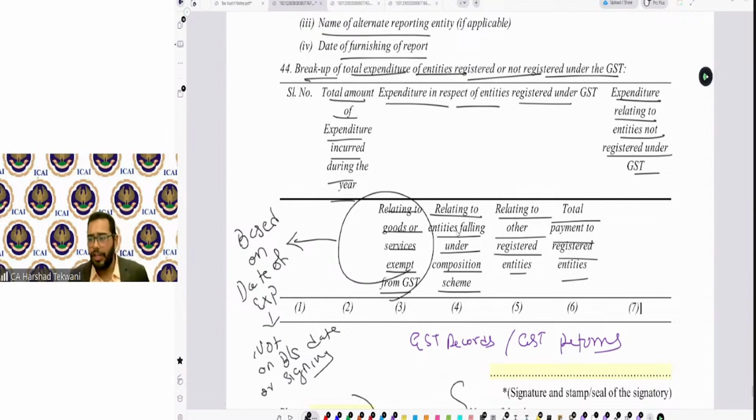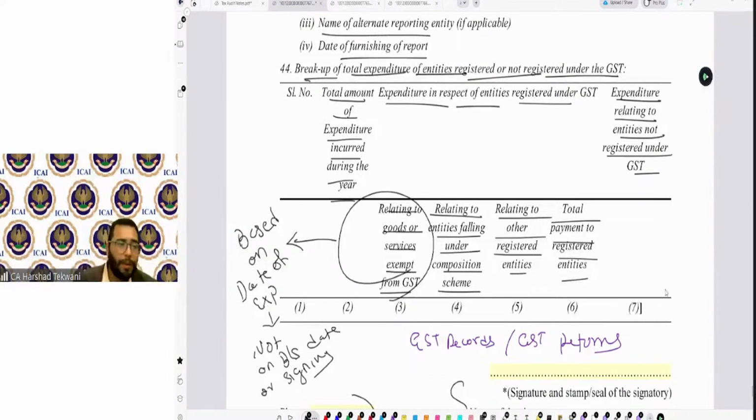Whatever registration status is there on the date of expenditure, that particular classification is required to be taken, not on the balance sheet date or signing date. I hope I have answered your query, Namrata.